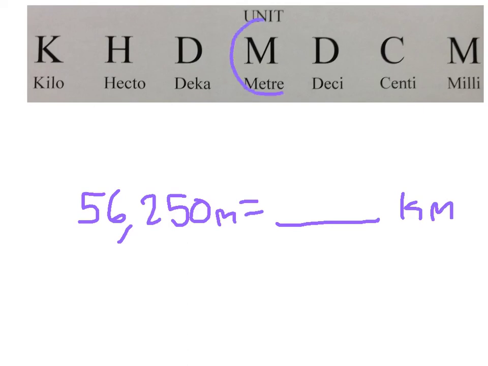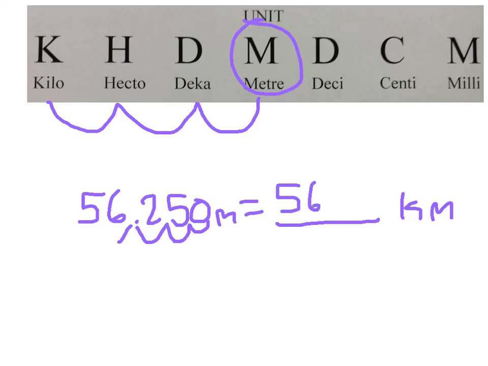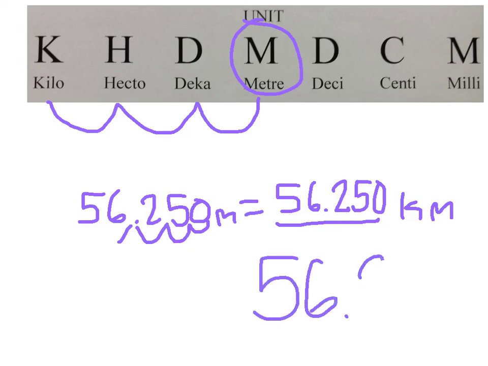Right now we're starting at the meter. So we'll take the decimal at the end of the number and move it 1, 2, 3 places to the left. So 1, 2, 3. So we have 56.250. And that is our answer.